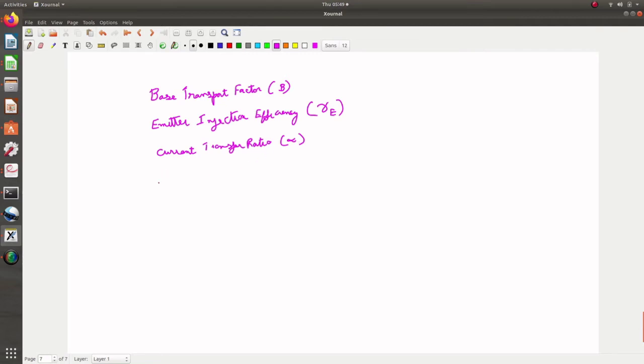And finally, gain of the amplifier, beta.